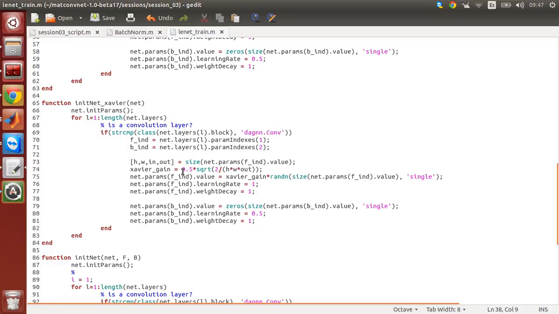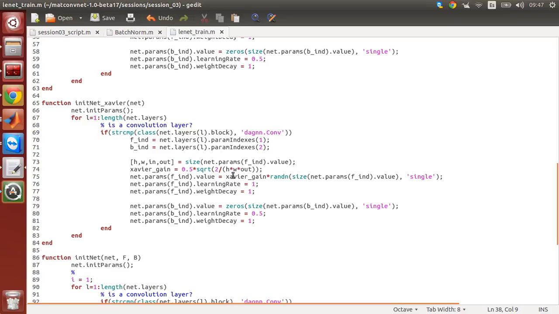Doesn't matter. So the formula is very similar, but instead of taking into account the fan in of the network, it takes into account the fan out of the network. So what is the size of our output?